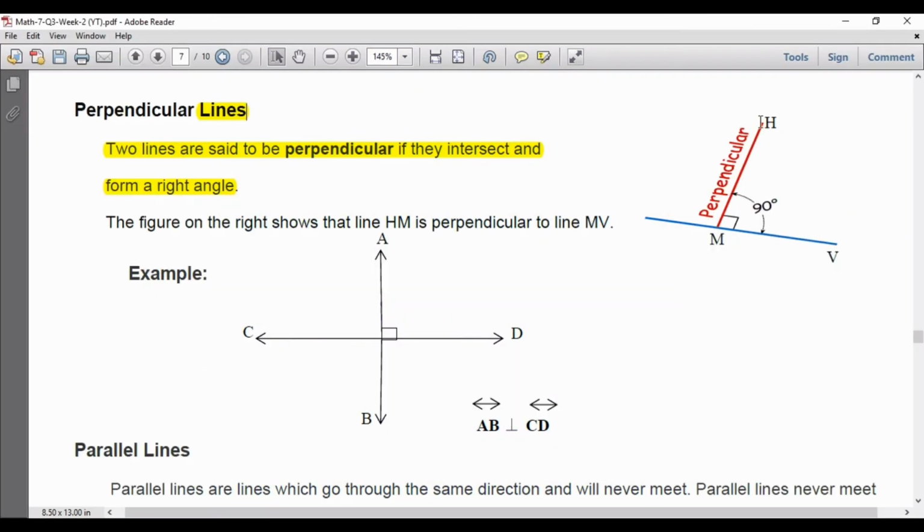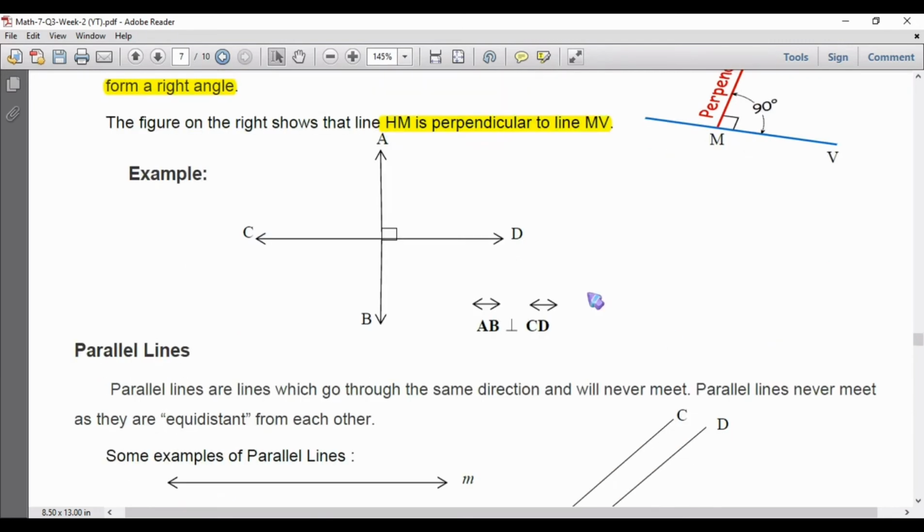This one is slanted, so it seems like it's not a right angle, but it says 90 degrees. So line HM and line MV are perpendicular, because they form a right angle, which is 90 degrees.